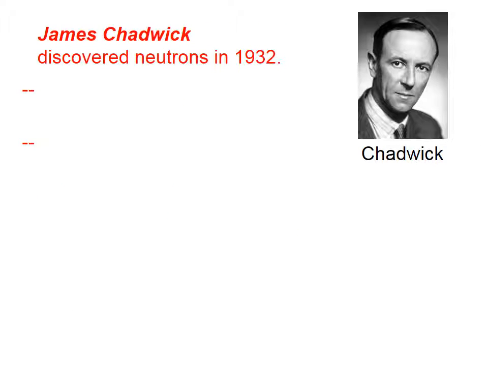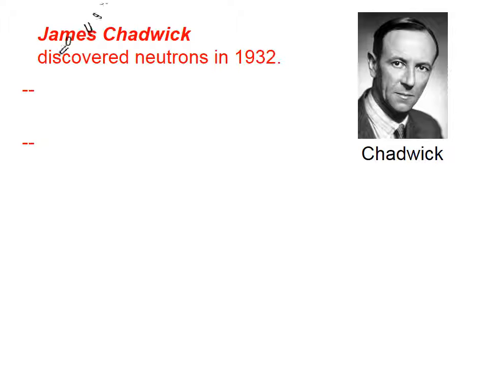Thomson formulated his plum pudding model in the early 1900s, and there were some significant findings about the atom that took place shortly thereafter, but I want to skip ahead about 30 years since we're talking about subatomic particles. Thomson discovered the electron, and therefore he also discovered that there was positive stuff in the atom.